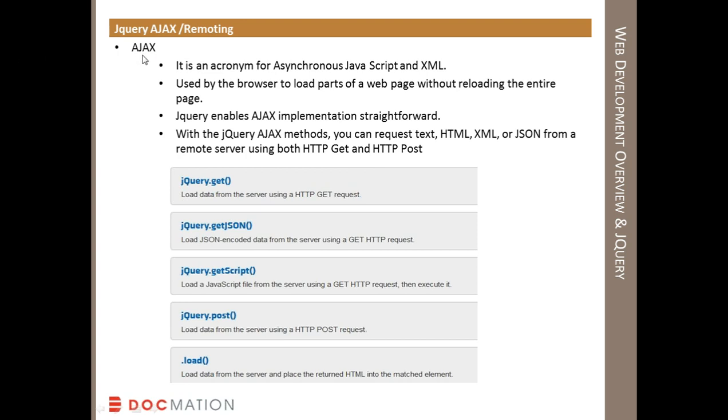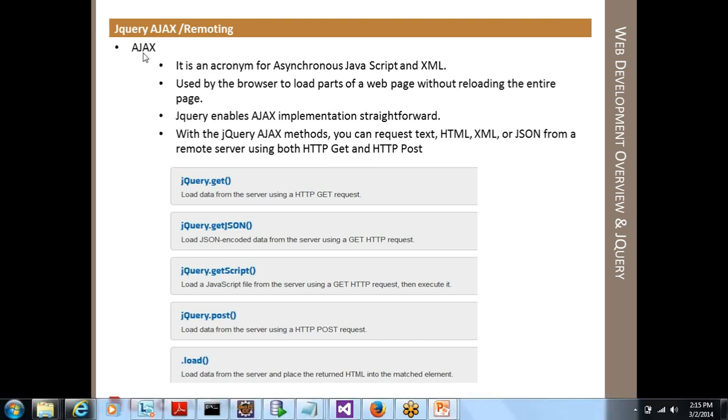Ajax, again, stands for asynchronous JavaScript and XML. Initially, when Ajax was introduced, the JSON specification was not even there. So back in those days, the assumption was that if you have to exchange any data between any two components, you would typically do it as XML.